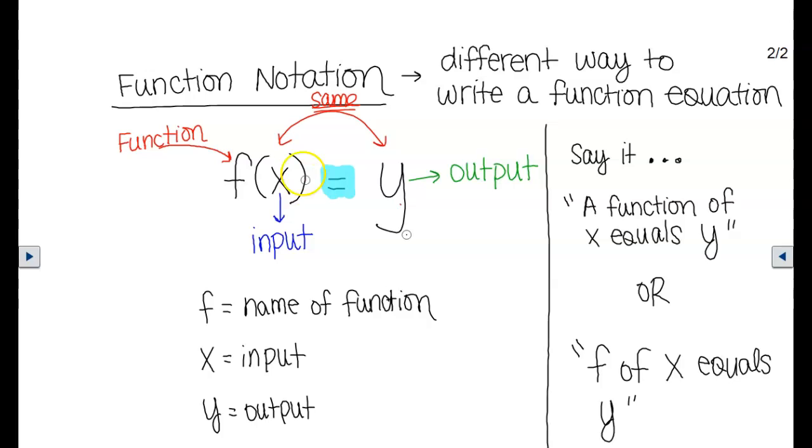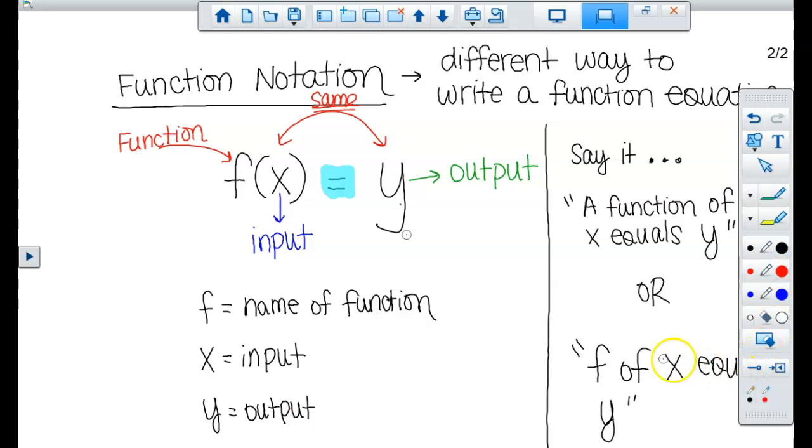That's how this is. This f of x and this y are the same thing. It's like 4 quarters and $1. So what that means is we can exchange one for the other in any problem.